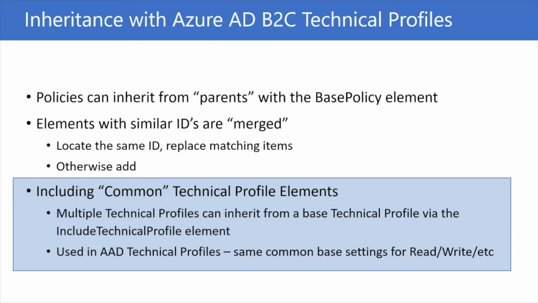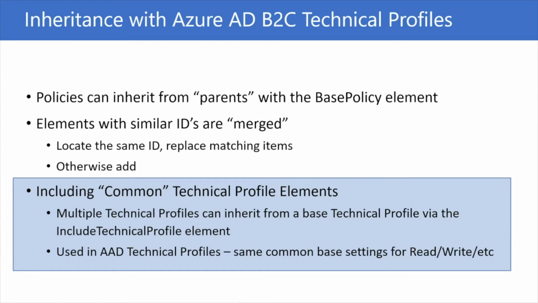In addition to inheritance between policy files and elements with matching IDs, there is another inheritance strategy that we can take advantage of with technical profiles in Azure AD B2C custom policies. Technical profiles can use the include technical profile element to configure an inheritance chain between different technical profiles. This allows several different technical profiles to share the elements defined in a common base profile.